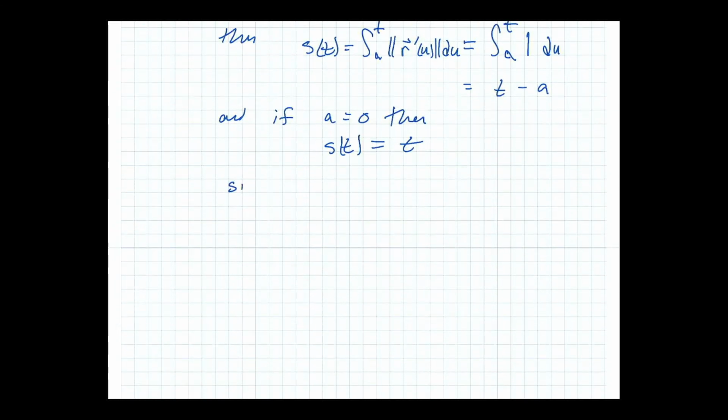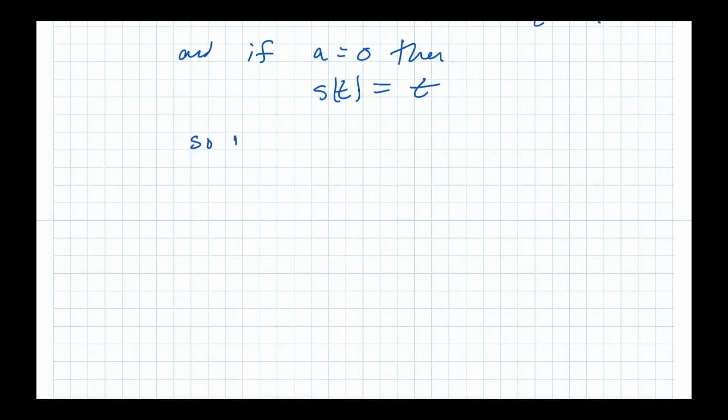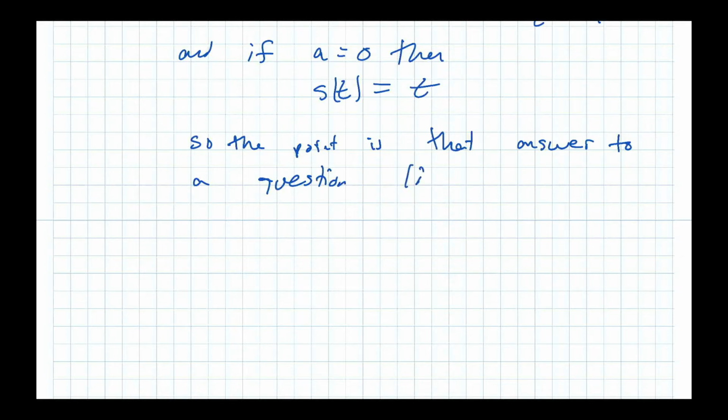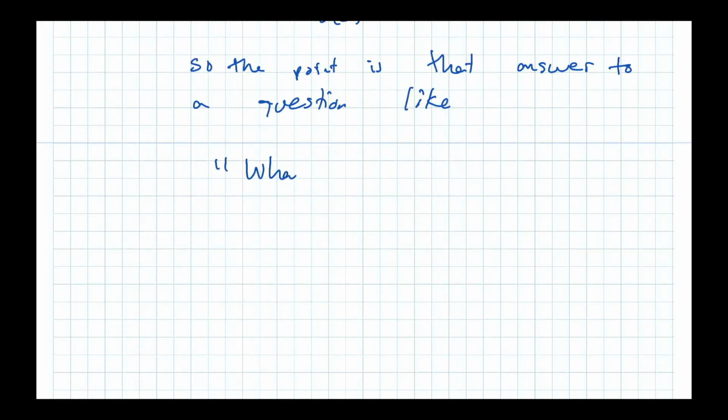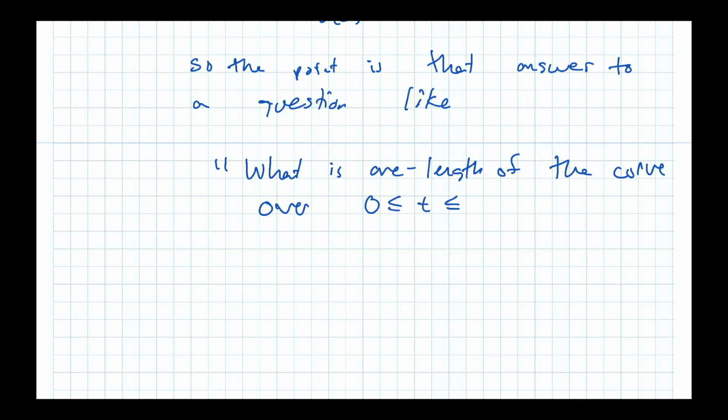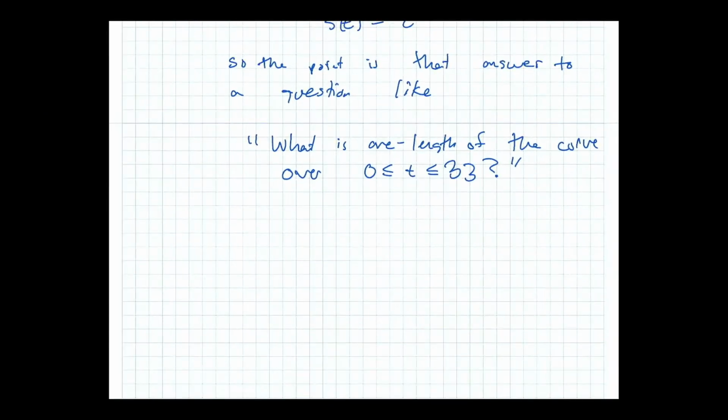And what that's saying is, for example, the point is that the answer to a question like this, what is the arc length of the curve, if I say from 0 less than t less than, I'm just going to put a number here, like 33, has the answer, arc length is 33.